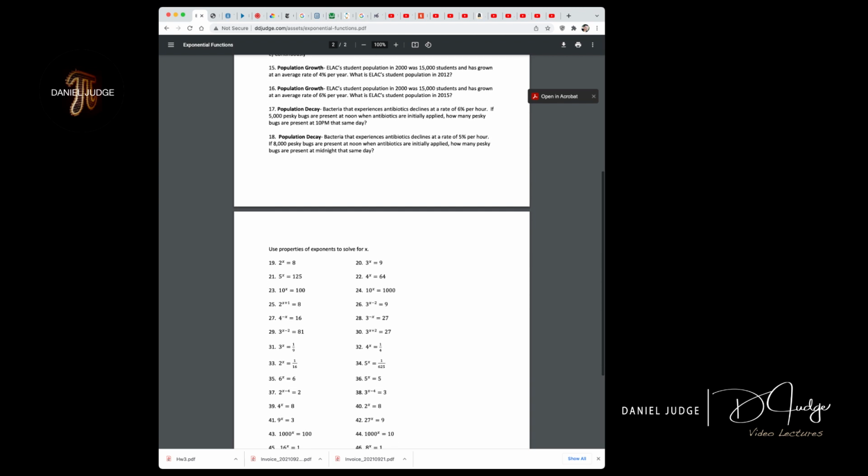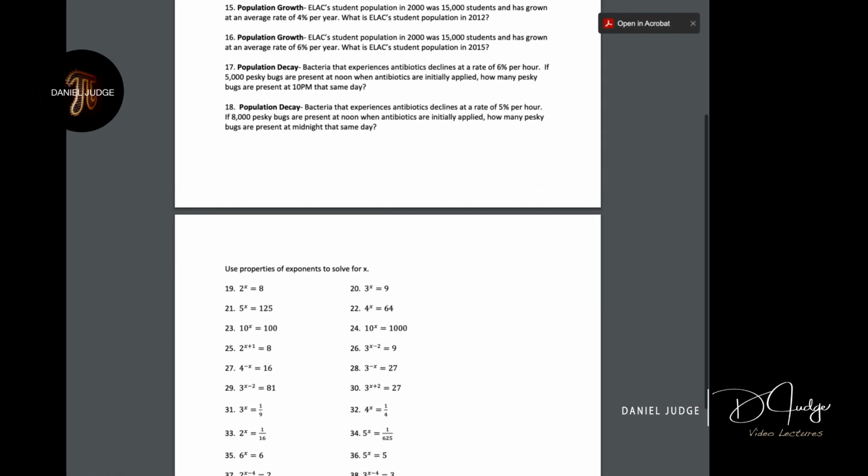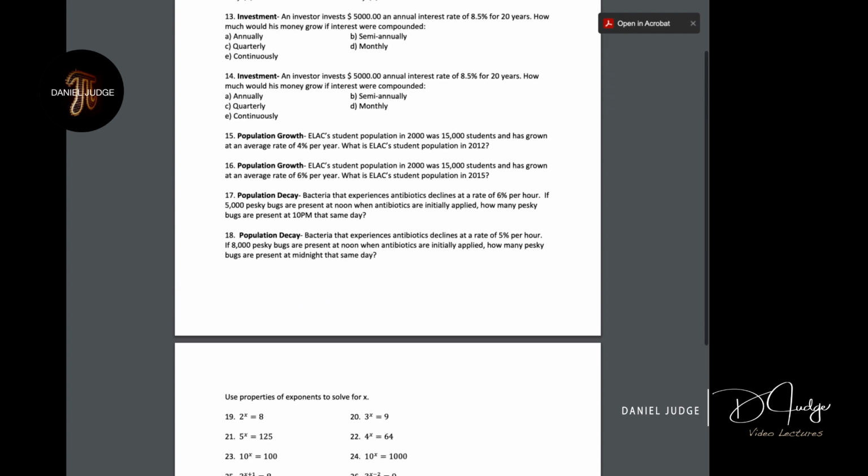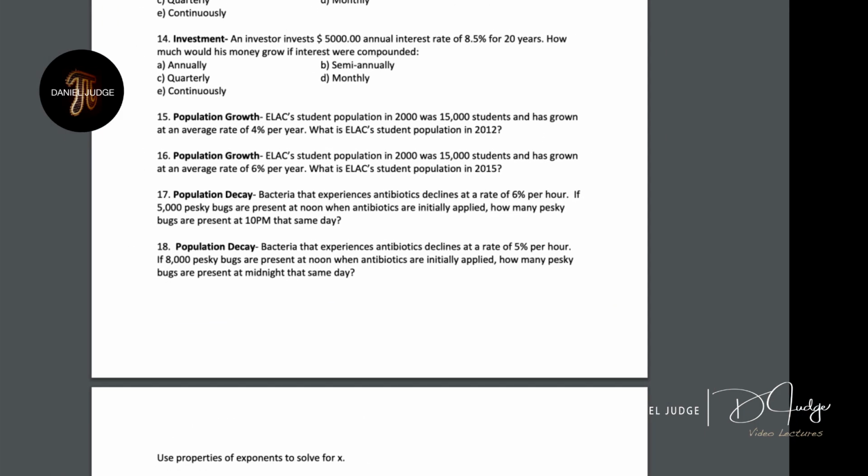You go, why do I handle a population decay? Well, it's not just people that grow. Bacteria can grow and bacteria can decay. So in this situation, sometimes, like for Thanksgiving or any barbecue, I get my food in the refrigerator as soon as possible, and then I freeze it as soon as possible.